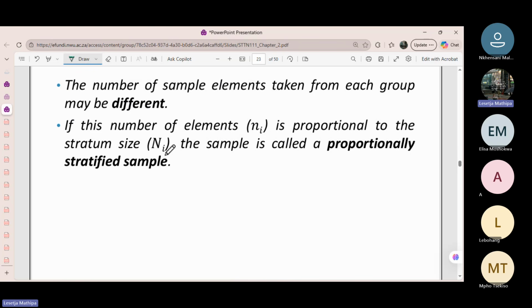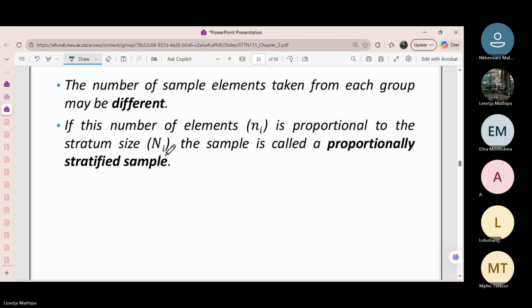If we have a number of elements, we call it Ni. We can use Na depending on the scenario.